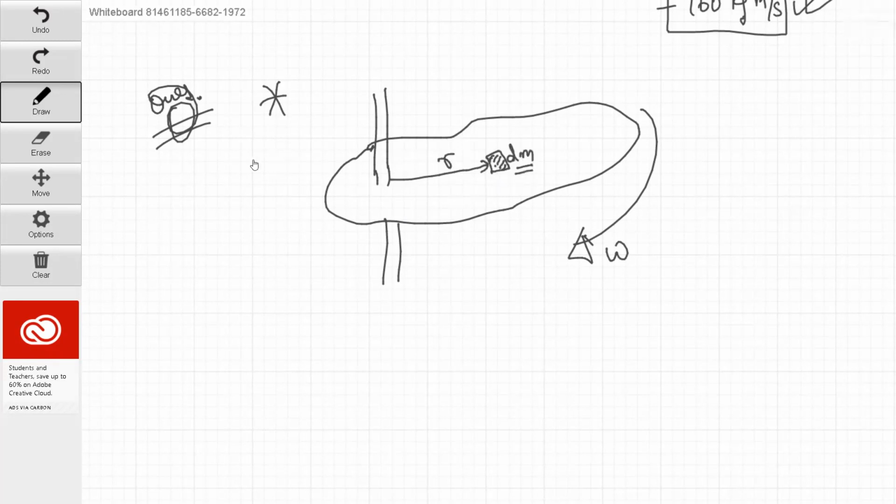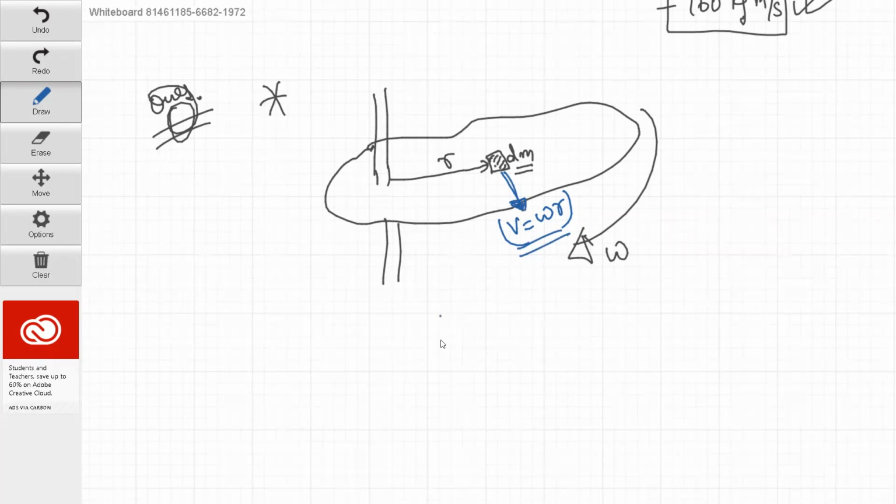Is this okay? This dm will have a velocity in this direction, that is v equal to omega r.